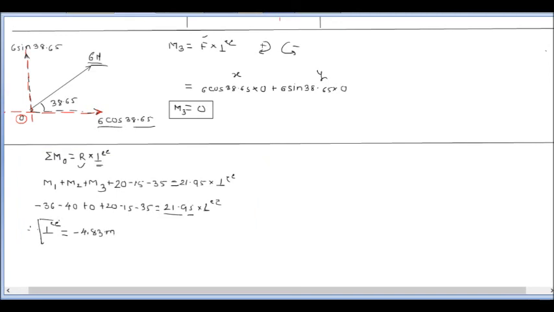So this is the perpendicular distance that we got for this resultant.